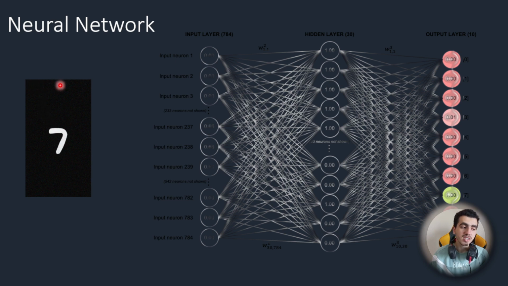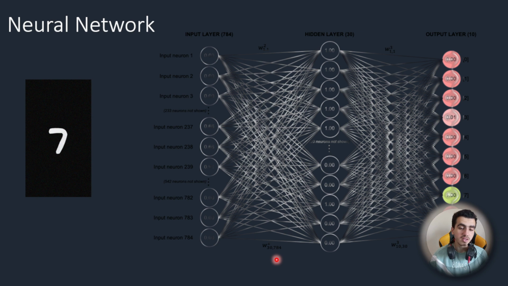This image is being flattened, this 2D image into a single vector of 784 neurons, and inserted into this neural network, which has a first weight matrix of dimension 30 by 784.